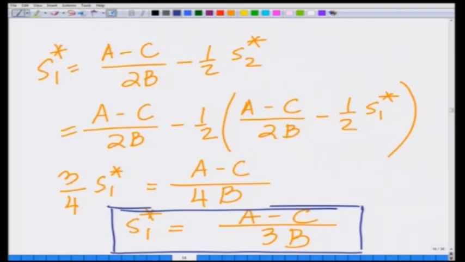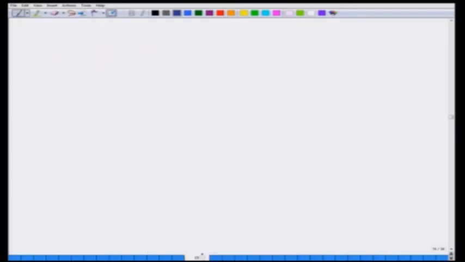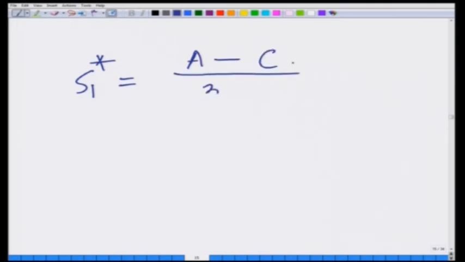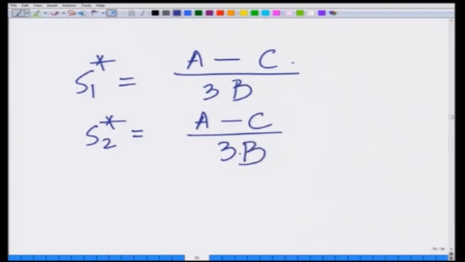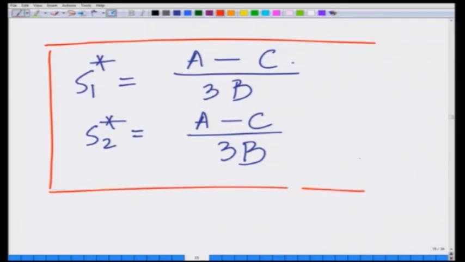Solving these two equations, I get S1 star equals (A minus C) by 3B, and also by symmetry you can see that S2 star is the same as S1 star.